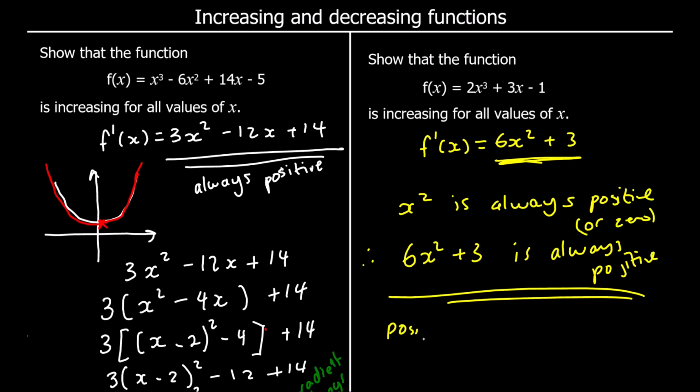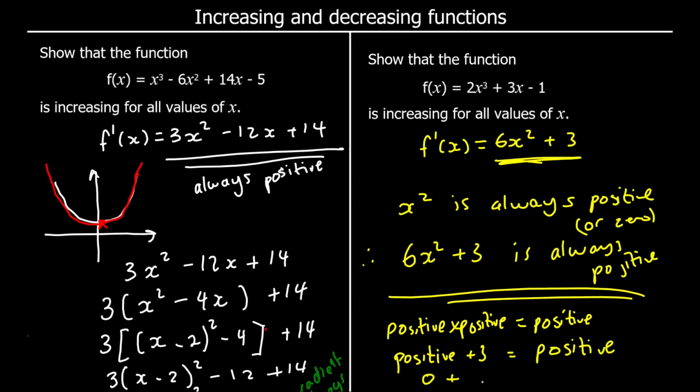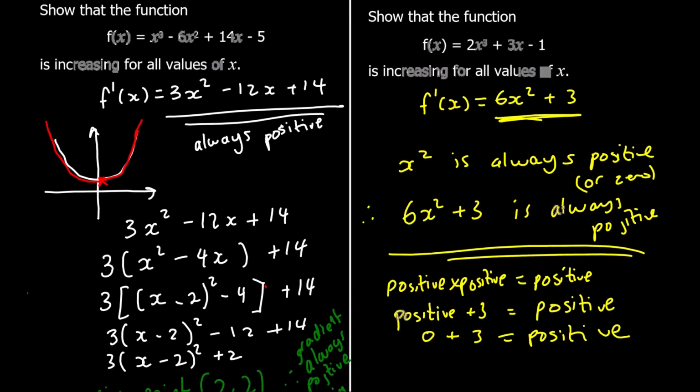So positive times a positive is going to be positive. And then a positive number plus 3 is positive. Or if we had 0 plus 3, it would also be positive. So therefore, it's increasing for all values of x.